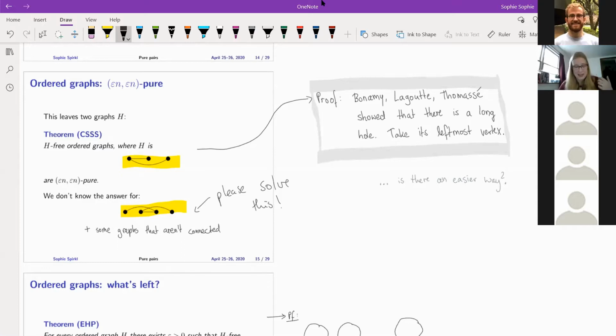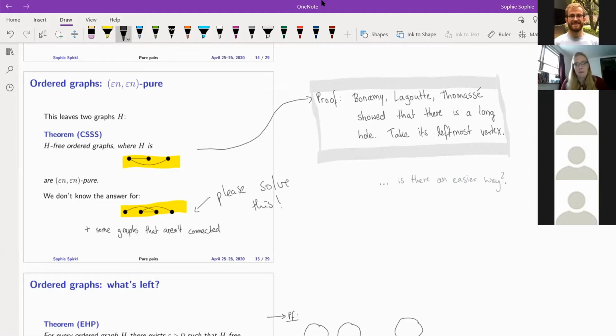I'm running out of time, but let me first sum up. Hopefully I've convinced you that pure pairs are interesting, even though they're mostly not useful towards proving Erdős–Hajnal, but they're a different and more tractable way of quantifying how excluding an induced subgraph makes there be large-scale structure in a graph.